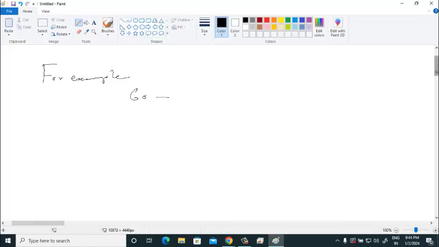I'm going to take this 10 network again, 10.0.0.0, and we know the default mask is /8, 255.0.0.0.